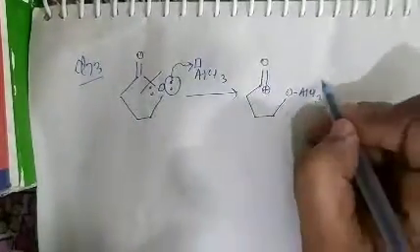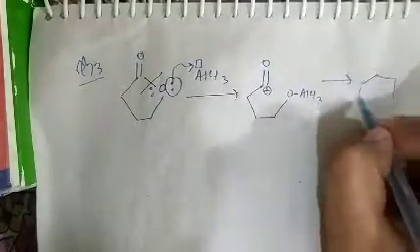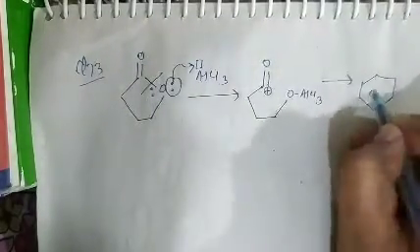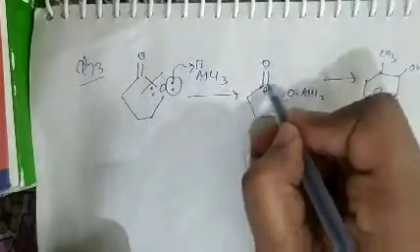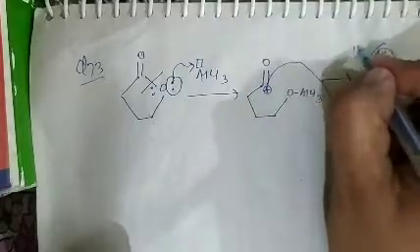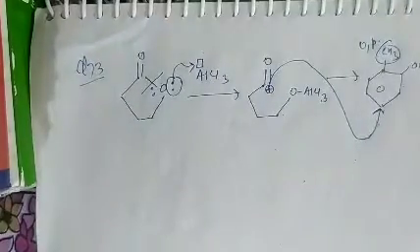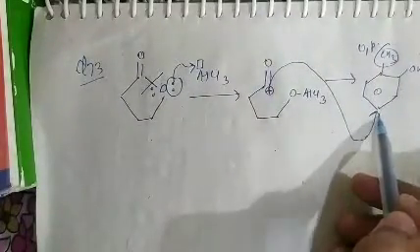Now this compound will attack the group given here, CH3OH. It will attack at the para position, as this is an ortho-para-directing group. Therefore, the electrophile will attack at the para position.